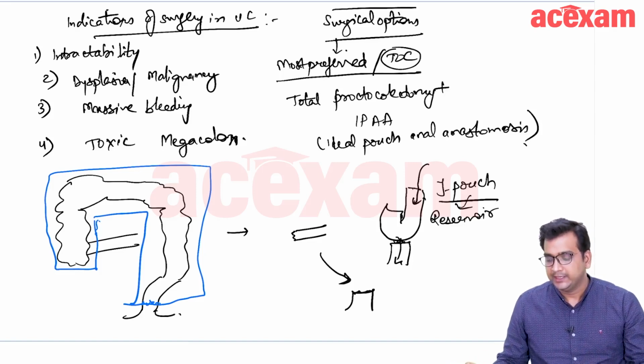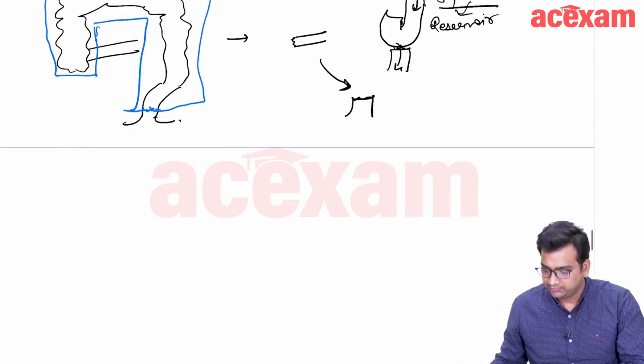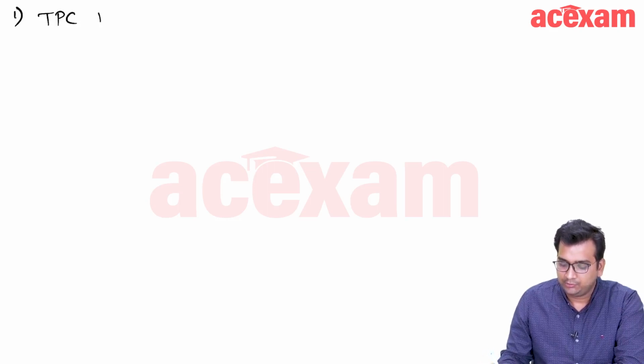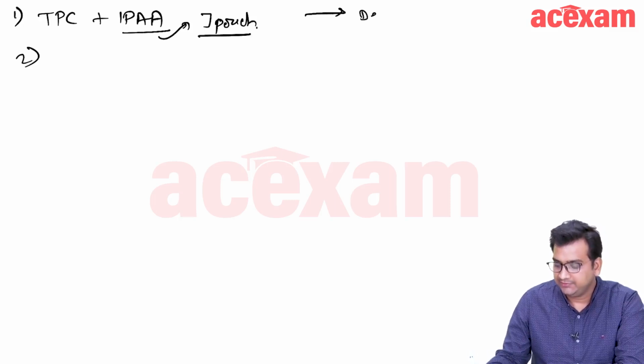Apart from total proctocolectomy with ileal pouch anal anastomosis, there are other options also. First is total proctocolectomy with ileal pouch anal anastomosis. Which pouch? J pouch is preferred, and this is the definitive treatment.